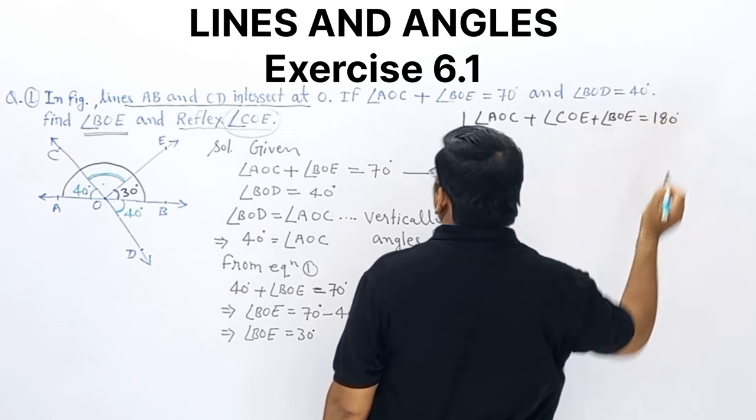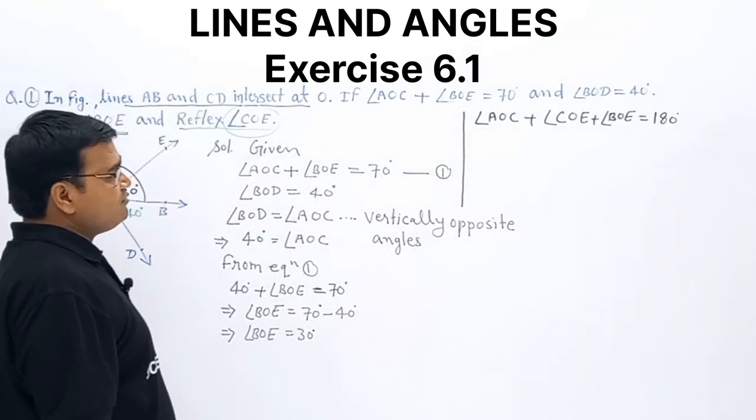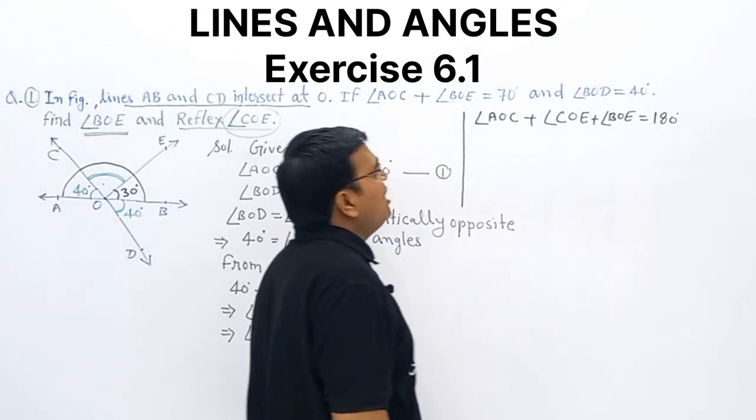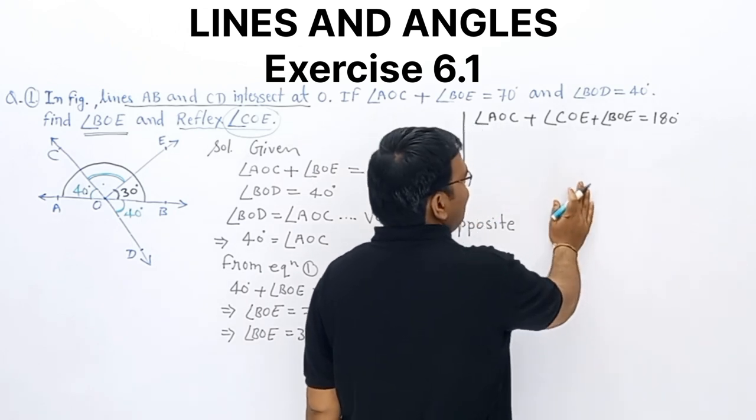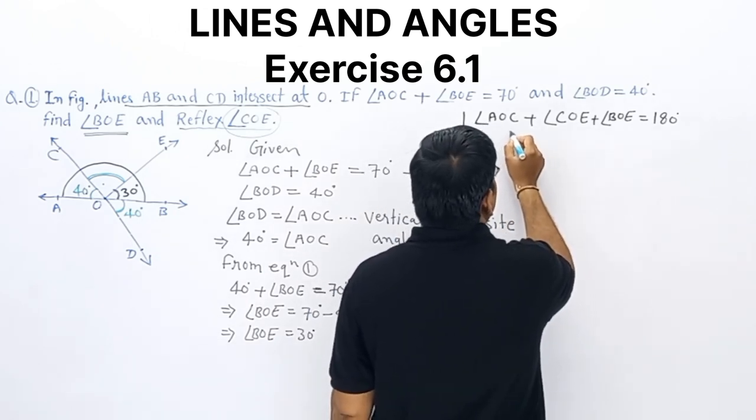Why? Because they are all on a straight line. Clear? These are a linear pair of angles.